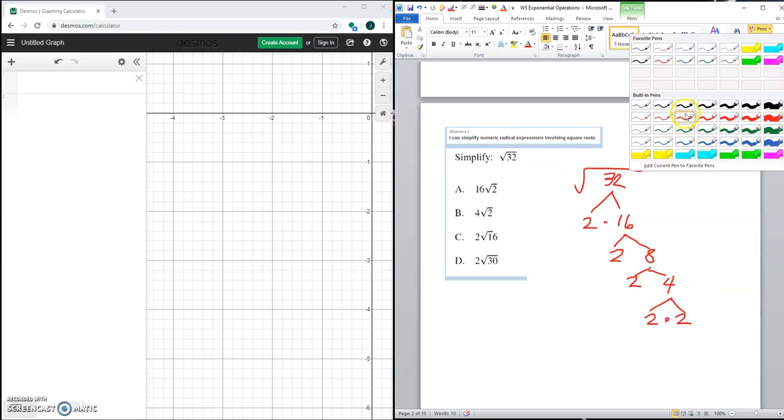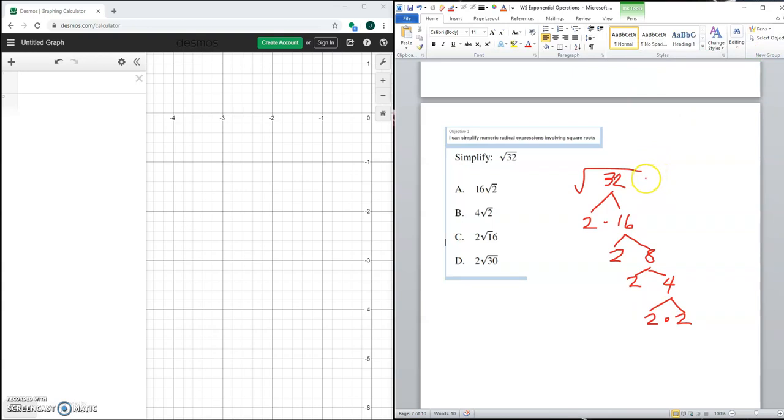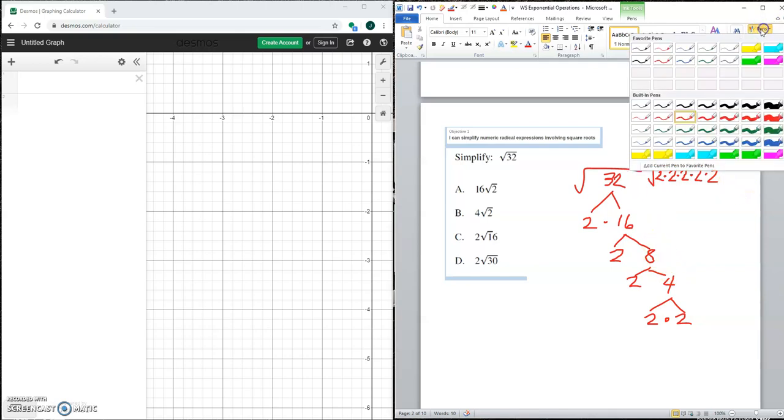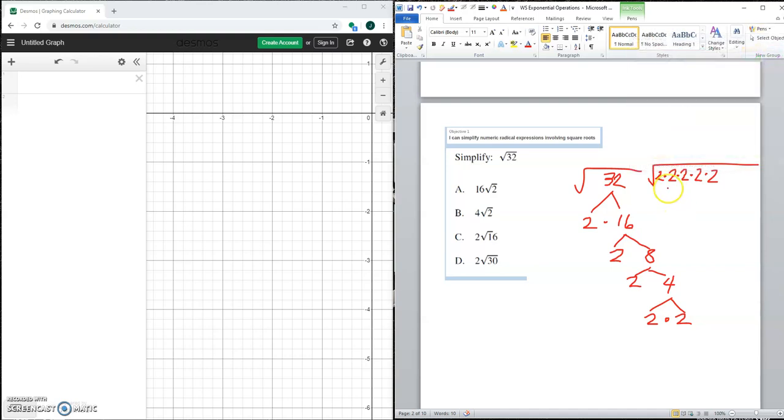After that, you're going to go back to your radical with all the prime factors inside, which are all these 2's. So 4, 8, and 16 are not there because they aren't prime. So now you're going to do the strategy of looking for pairs. So we are going to look for pairs, and that will turn to one piece of 2.